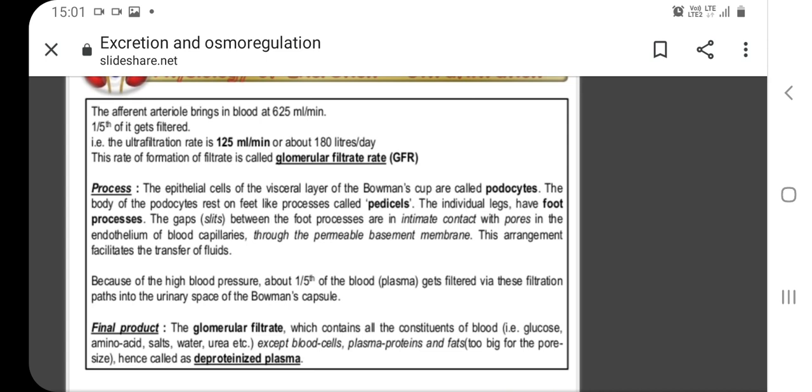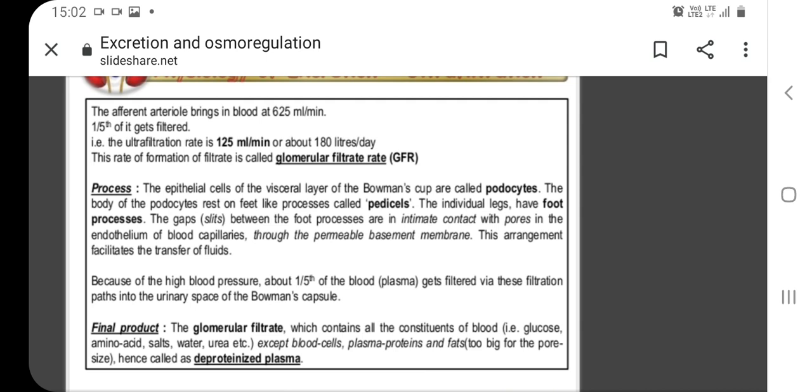The individual legs have foot processes. The gaps between the foot processes are in close contact with the pores in the endothelium of the blood capillaries through the permeable basement membrane. This arrangement facilitates the transfer of fluid.